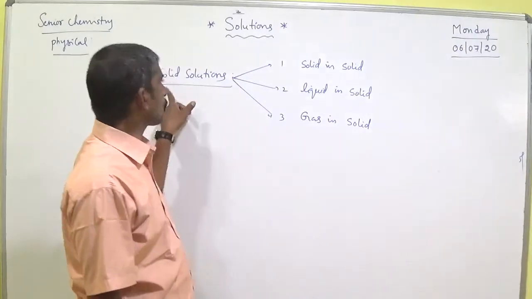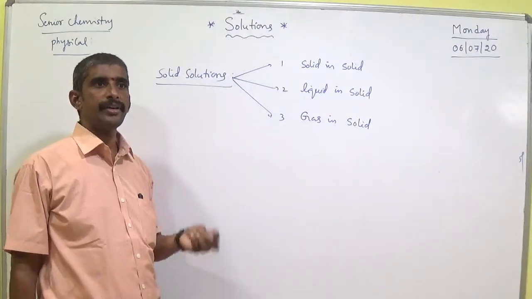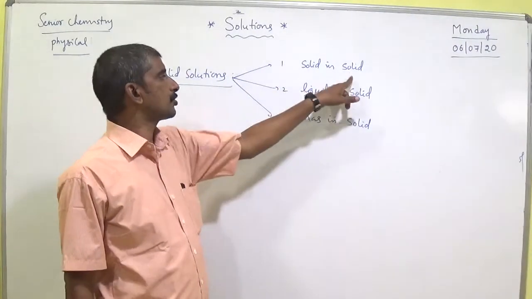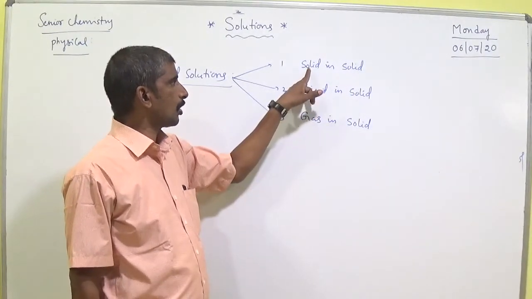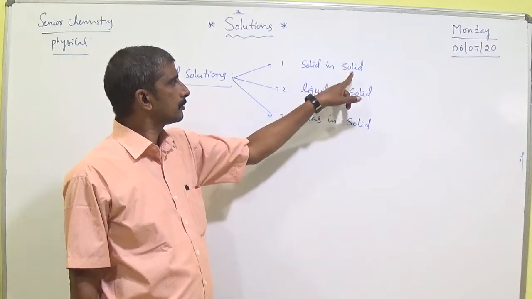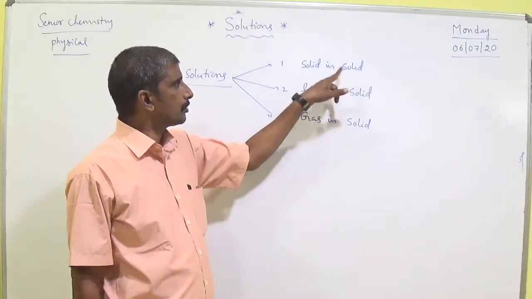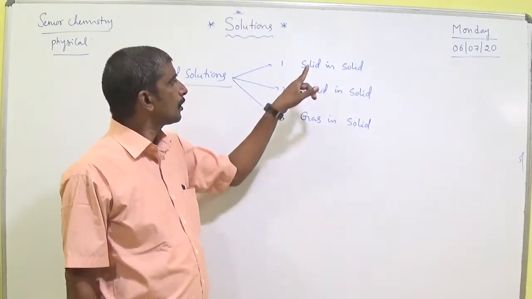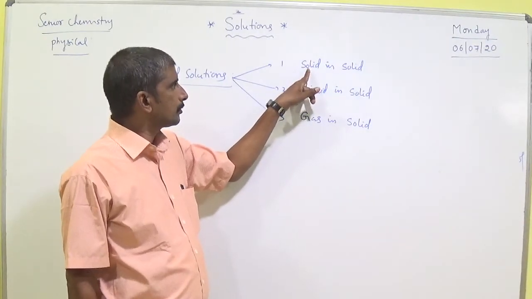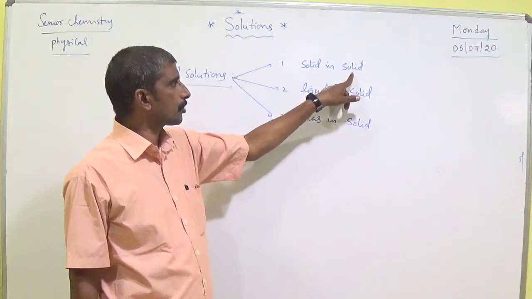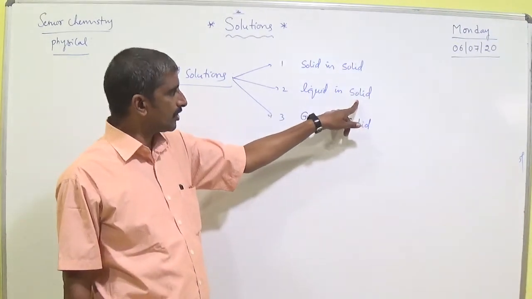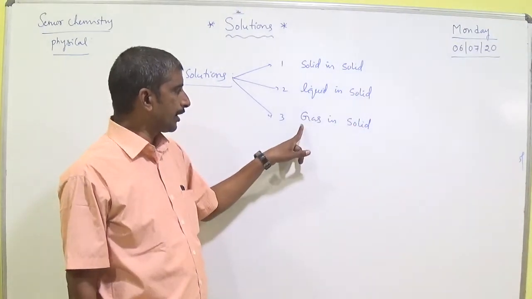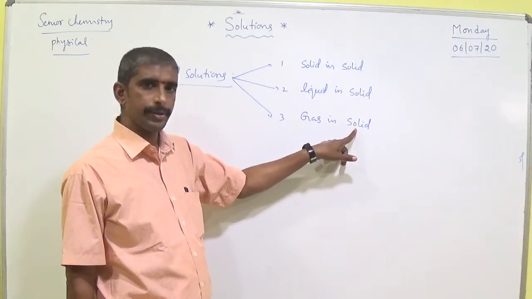Okay, so solid solutions are further divided into three types: solid in solid, liquid in solid, gas in solid. Solid solute, solid solvent. But here solute liquid, solvent solid; solute gas, solvent solid.